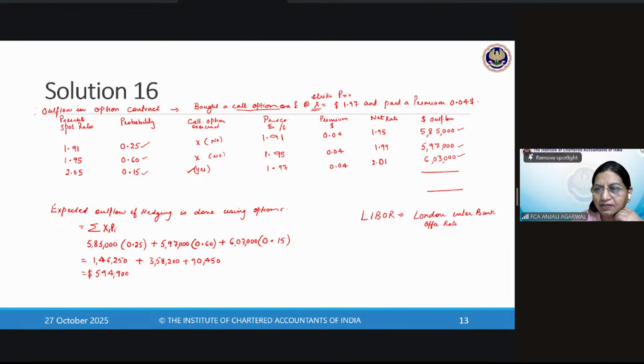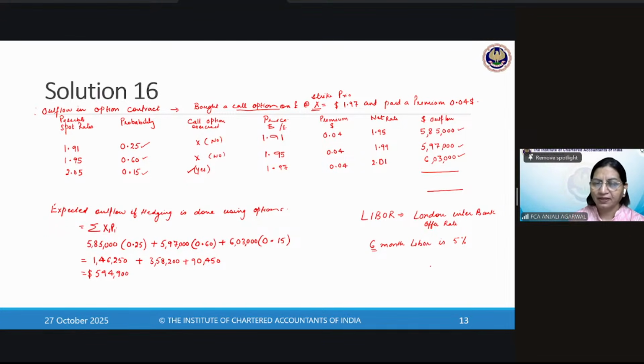Now if I say 6 months LIBOR is 5%, this does not mean that you get 5% for 6 months.